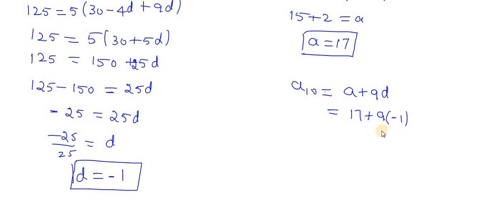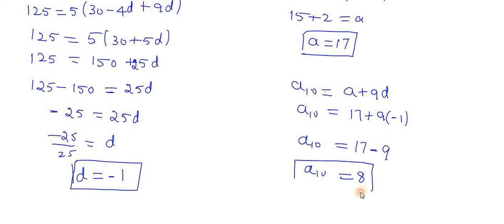If you simplify this, A10 is equals to 17 plus 9 into minus 1, that is minus 9. So 17 minus 9, therefore A10 is equals to 8. 17 minus 9 is nothing but 8. So this is the answer.